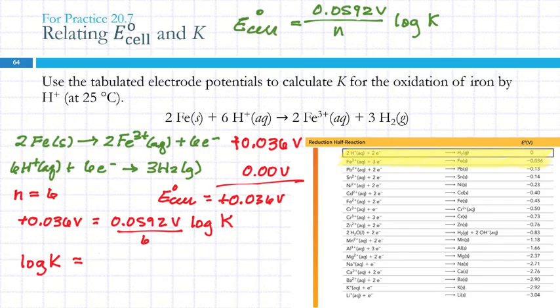I'm going to do that by taking 0.036, multiplying by 6, dividing by 0.0592. And then I'm going to do 10 to the x at both sides. So K is equal to 10 to the 3.6486, 4452.